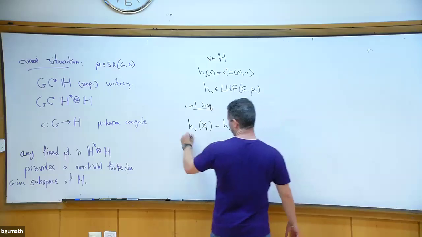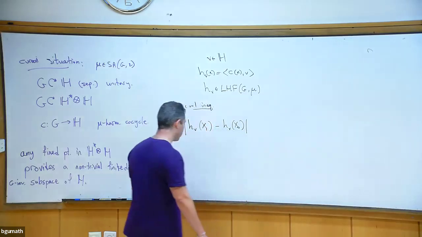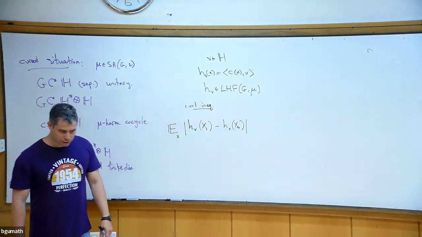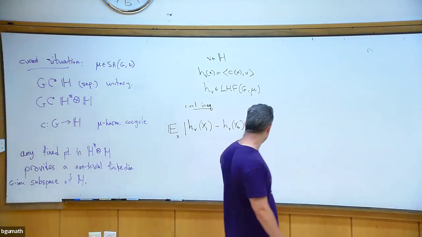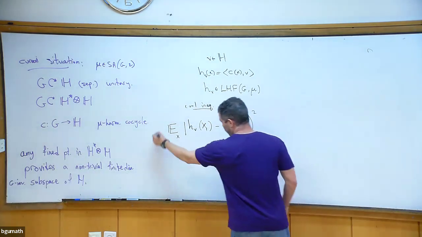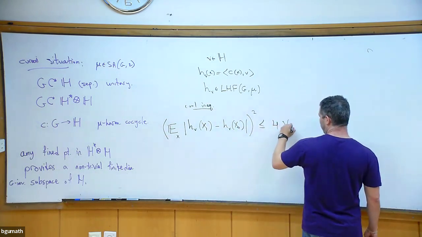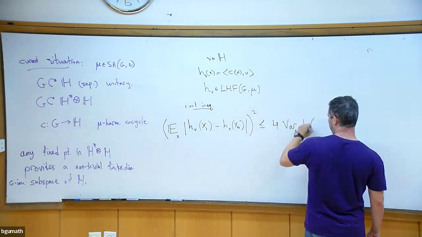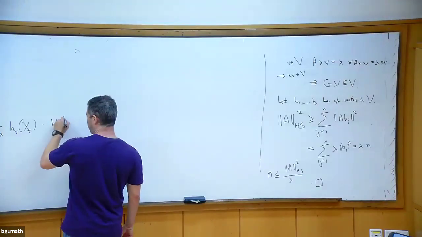And I can take this. So what does the Cool inequality tell us? I'm reminding you what the Cool inequality tells for any harmonic function, and specifically for this harmonic function, starting from x. Well, this squared is going to be less than or equal to 4 times the variance starting from x of h_v(x_t), this is for any t, times the entropy difference.